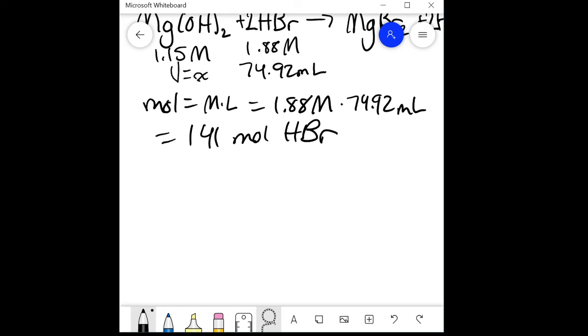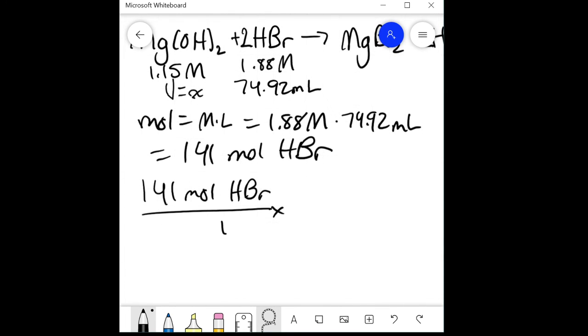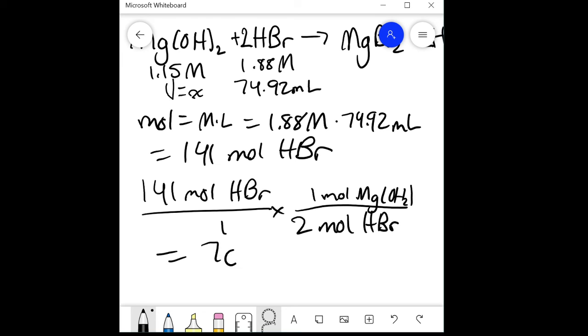We can do that with a mole ratio. We start with our moles of hydrobromic acid. We go back to our equation. We see we have 2 moles of hydrobromic acid for every 1 mole of magnesium hydroxide. And that would give us 70.4 moles magnesium hydroxide.